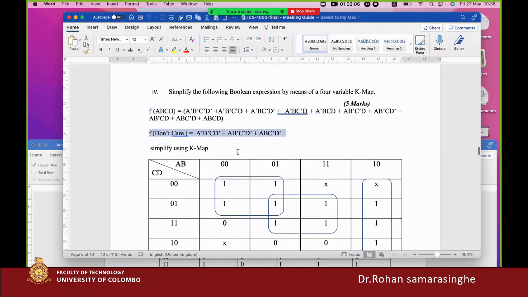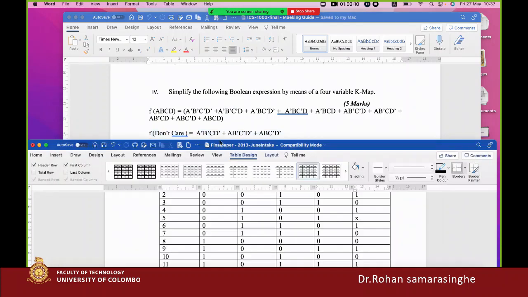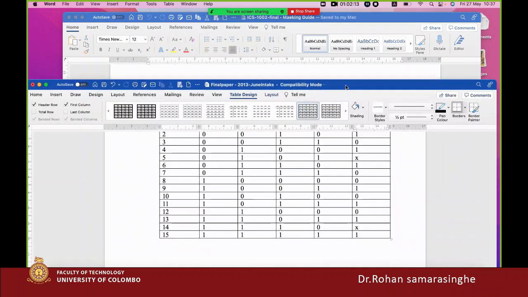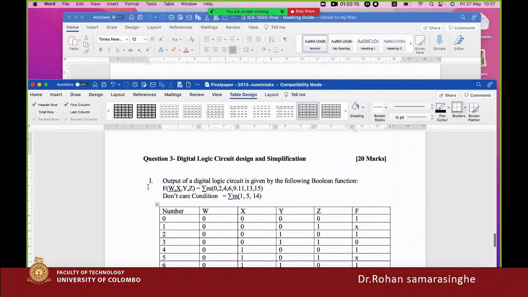In this paper, actually, one step is not going to be given, and the question did not start from this point.